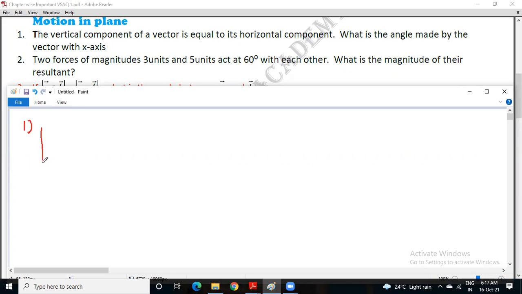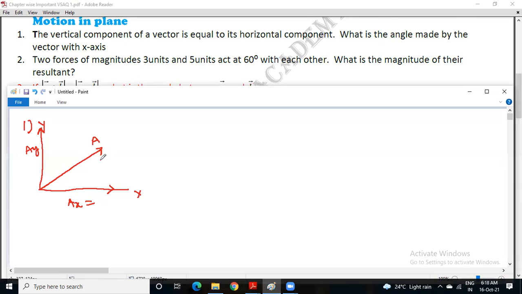Suppose a vector making an angle theta with x-axis, its influence will be spread along x-axis in the form of Ax, we call it the horizontal component of this vector A. And what is its vertical component? It is Ay. So you can understand that influence of A along x-axis is in the form of Ax, and along y-axis is in the form of Ay.